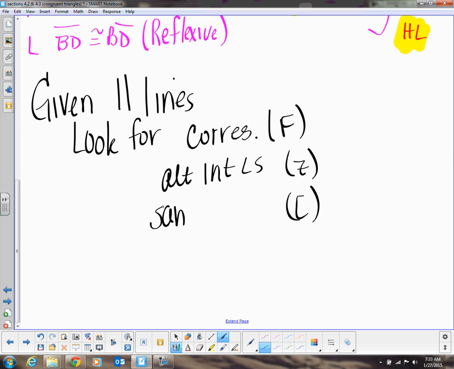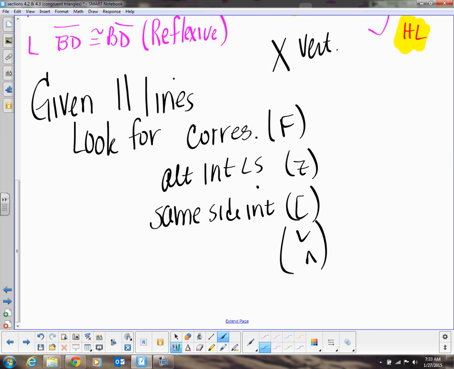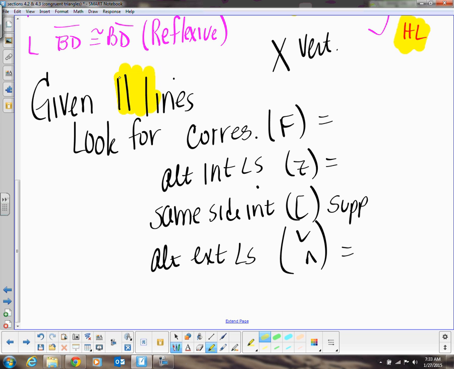Same side interior. And what were the opposite V's? Vertical's an X. That's vertical. Alternate exterior. Now, alternate exterior, alternate interior, corresponding, they're all congruent. Same side were supplementary. So when you're given parallel lines, then look for these letters. There are angles there that are congruent.